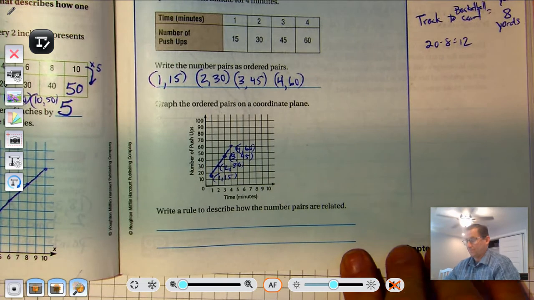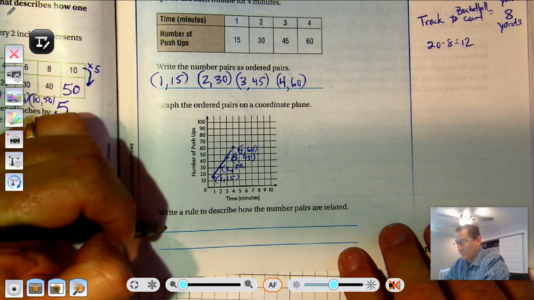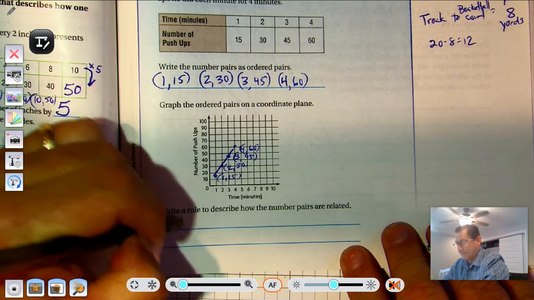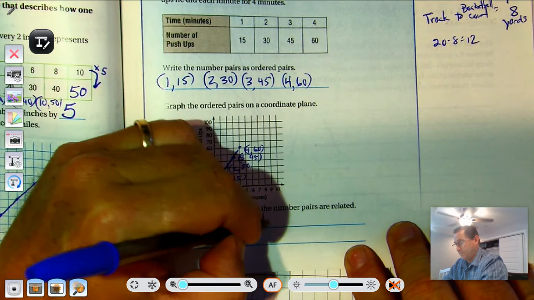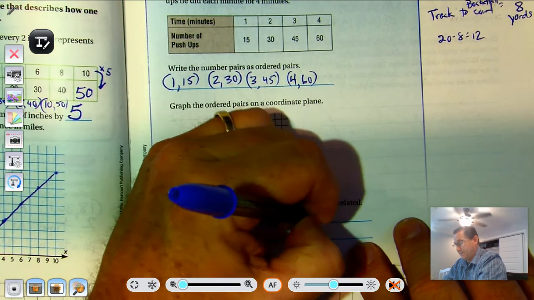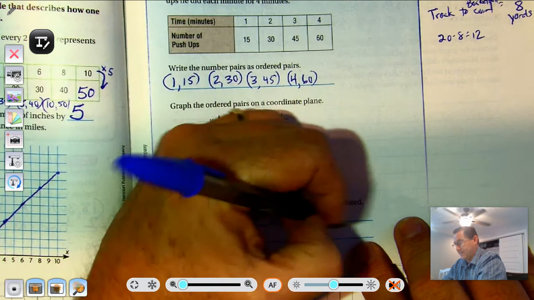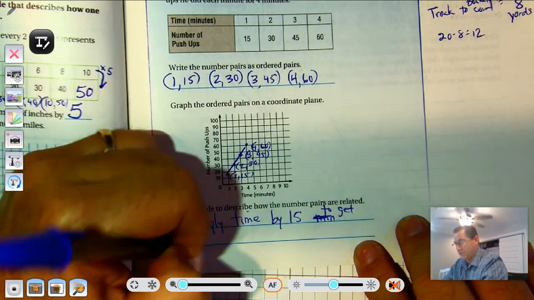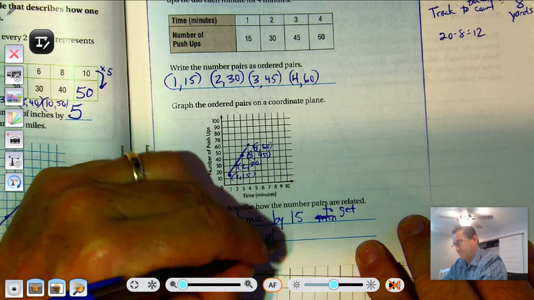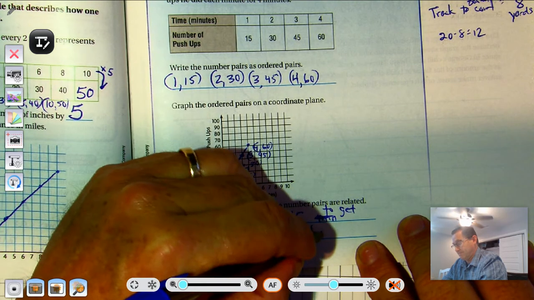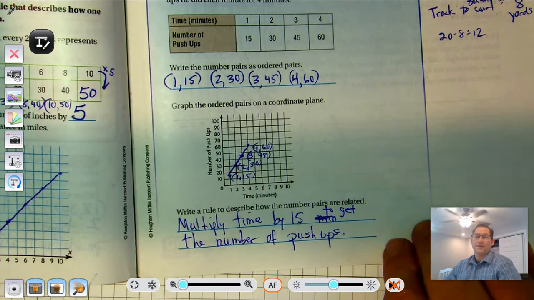And what is the rule? Well, multiply time by 15, minutes by 15 to get the number of push-ups. Okay.